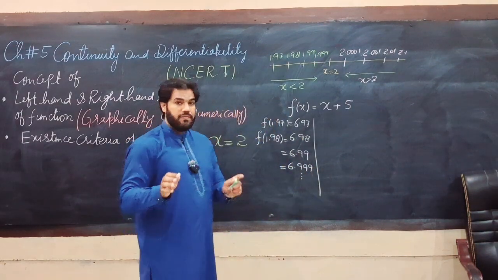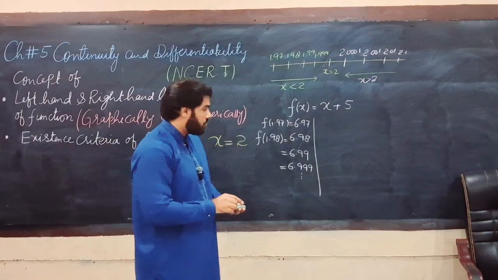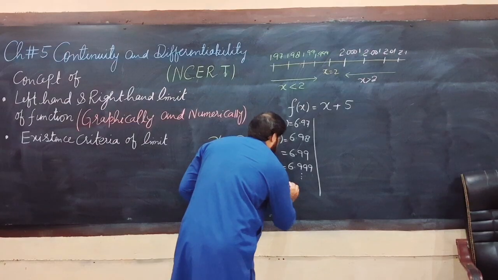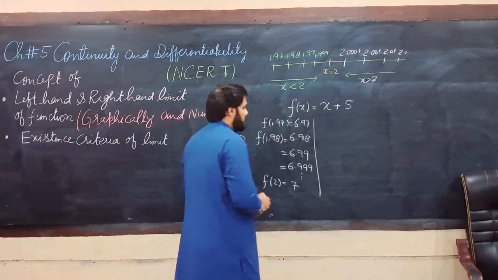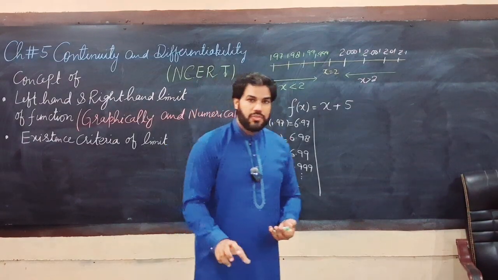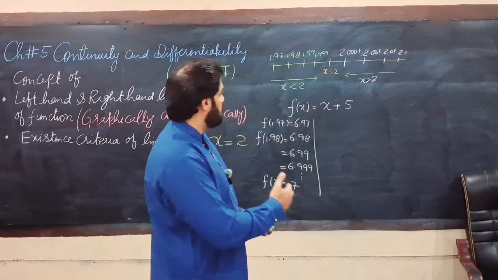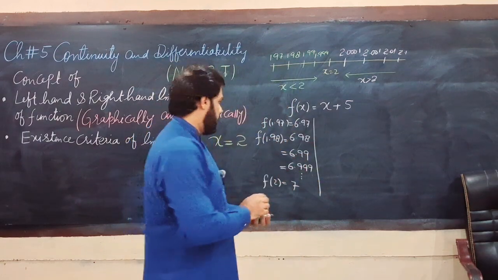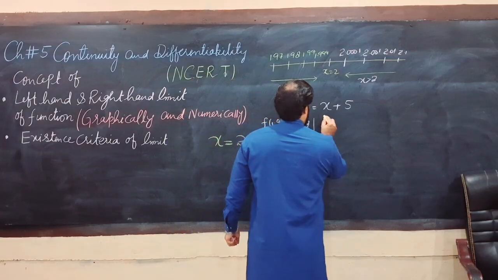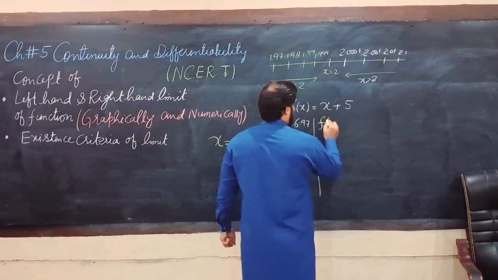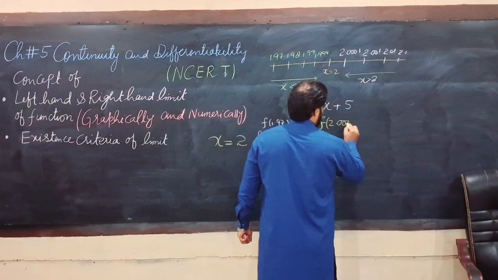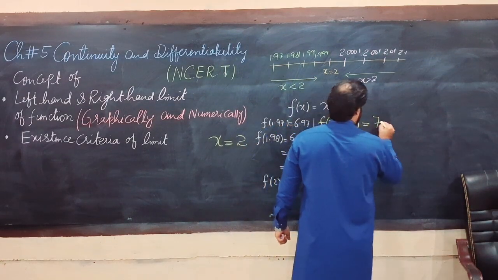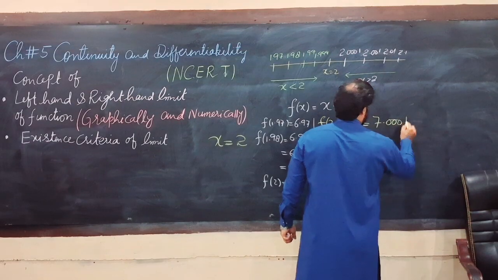And if you find the value of the function exactly at x is equal to 2, then f of 2 is equal to 7. Similarly, if you determine the values of the function for all those values which are on the right side of x is equal to 2, the output values are as follows. If you put 2.0001, the value of the function is 7.0001.